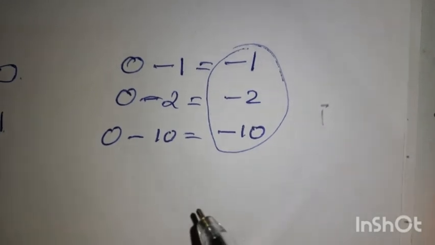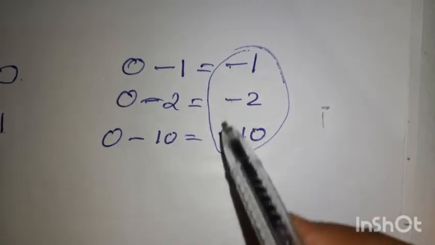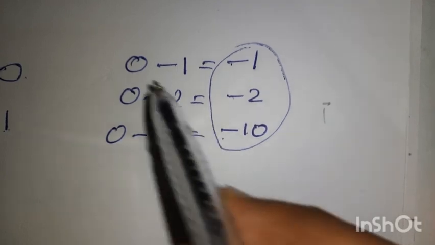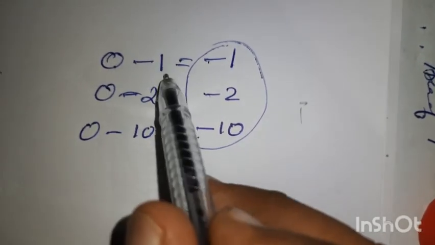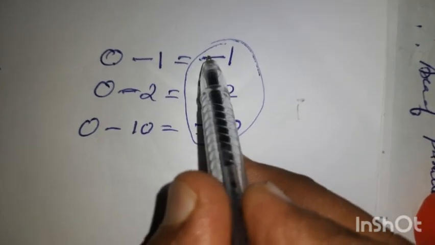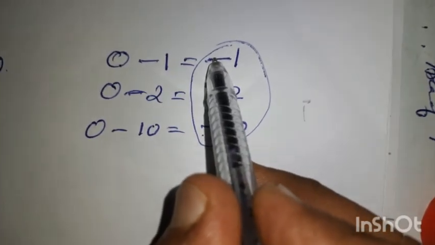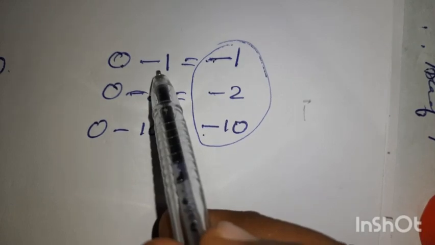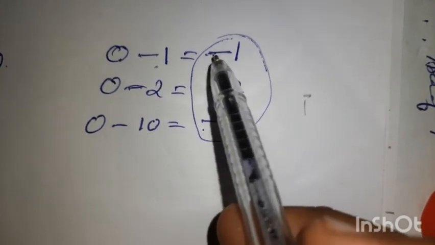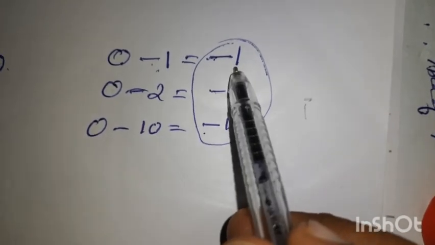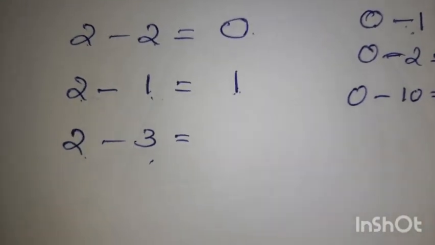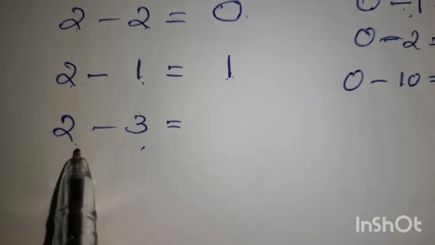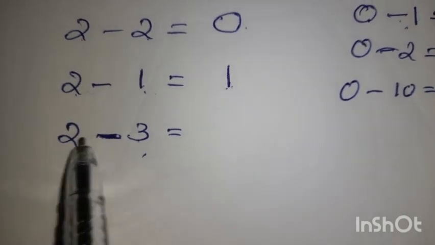The negative numbers are written with the minus sign. So any number, if you subtract it from a natural number, the answer is the number itself. If it is a minus number, you are getting minus answers. Then what about 2 minus 3? You have to subtract the smaller number from the bigger number.